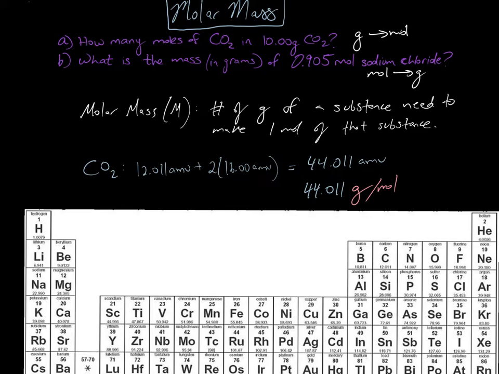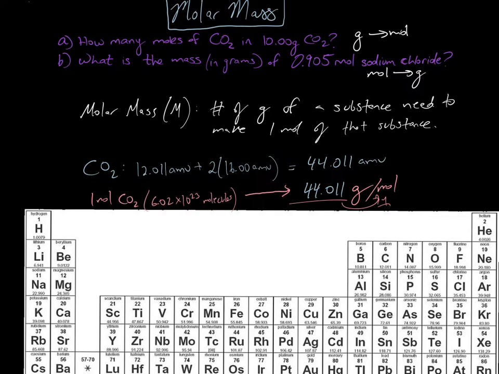That means that if I have 1 mole of carbon dioxide, meaning I have 6.02 times 10 to the 23 molecules of carbon dioxide, then it is equivalent to 44.011 grams. So 44.011 grams of carbon dioxide makes 1 mole of carbon dioxide. That's essentially what molar mass is. It's calculated the same way as atomic mass, and it's the number of grams of a substance needed to make 1 mole of that substance.